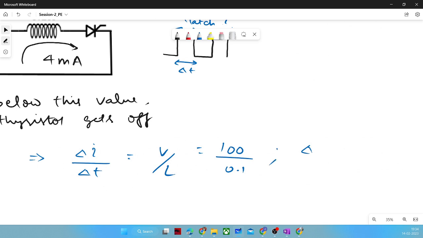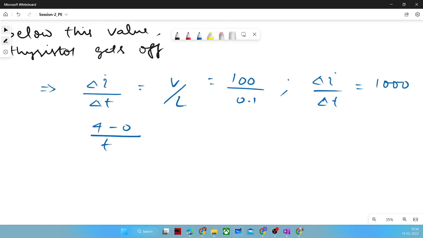So del I by del T is equal to 1000, where del T would be T latch, and del I would be 4 minus 0. So (4 minus 0) divided by T latch equals 1000.